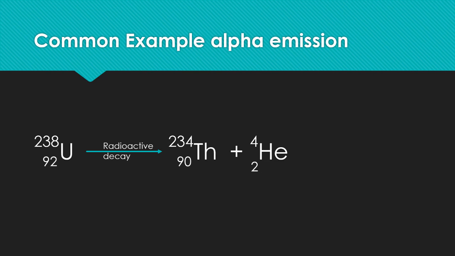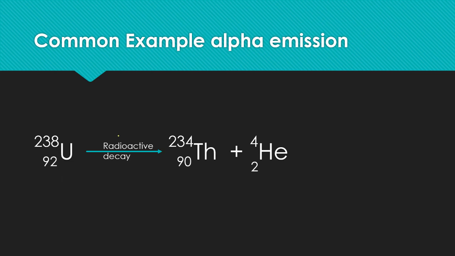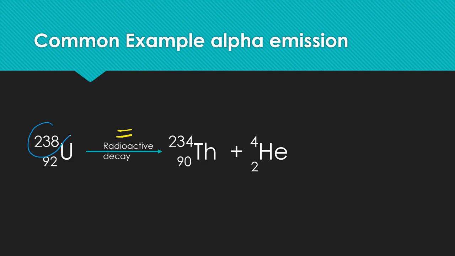Anyway, all right. So last thing I wanted to teach you is how radioactivity works. Basically, what you need to do when you're doing these radioactivity problems is recognize that the arrow is an equal sign, and everything on one side of the arrow has to equal everything on the other side of the arrow. So what we have here is 238 on one side of the arrow, and on the other side, 234 and 4.